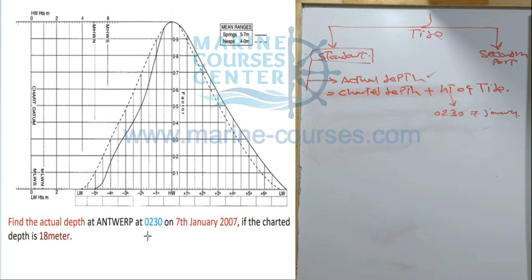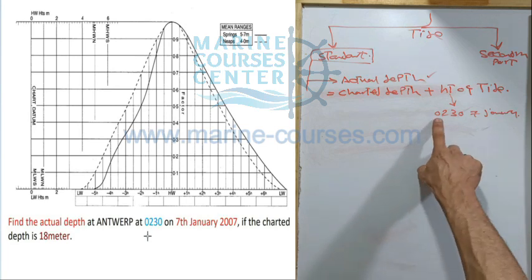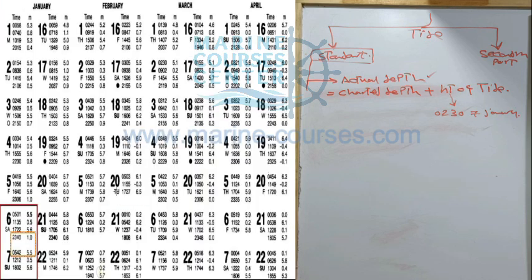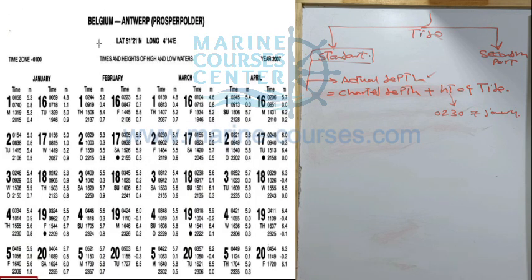To find height of tide we wanted to calculate it at 0230 on 7th January. So what we're going to do, we're going to go for this. You're going to find here we have this port Antwerp, and for this port we have here the prediction of the tide in January and February and March and April for year 2007.